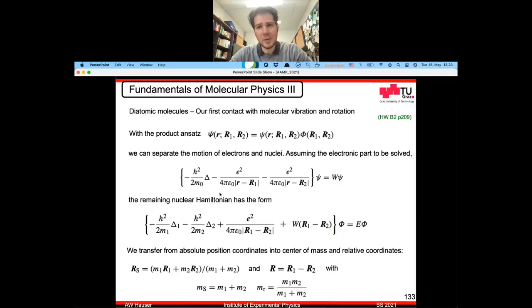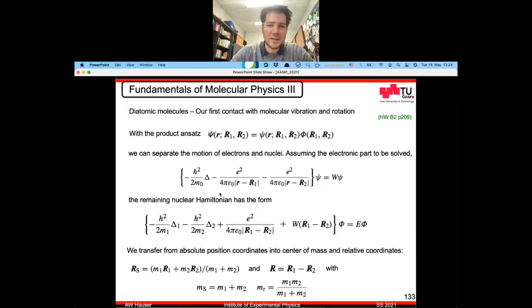But let's do it in a more strict sense and really try to work this out in, say, for example, a Cartesian basis, where we address each of the nuclei and the electron in this given laboratory frame. How would we get to this result that our only relevant internal degree of freedom for molecular motion is this internuclear distance? And this goes as follows.